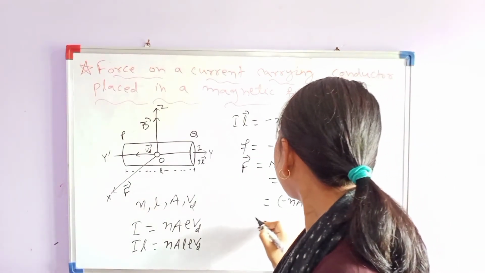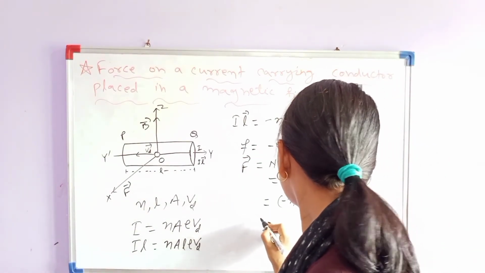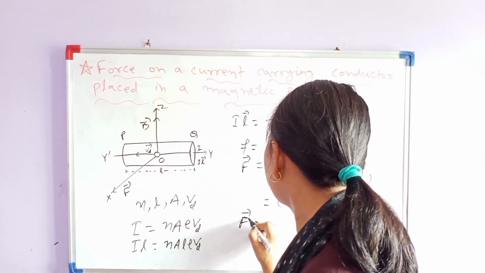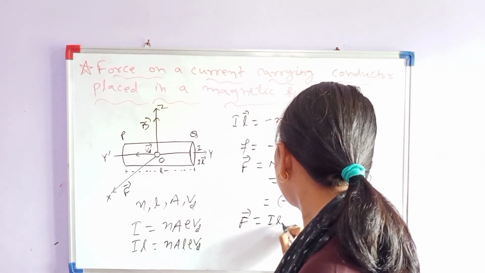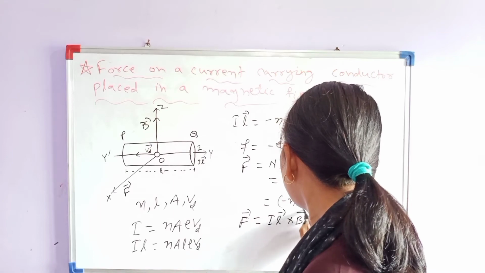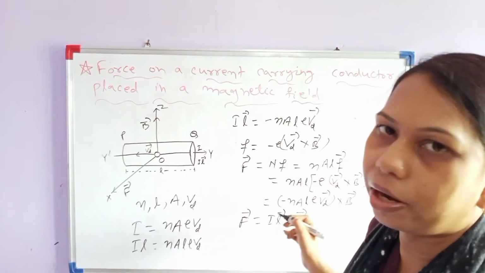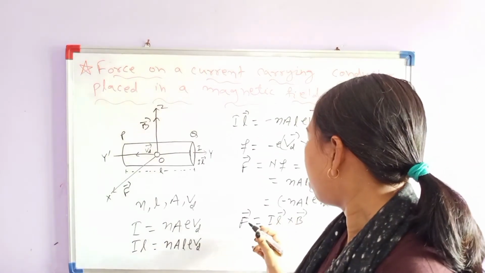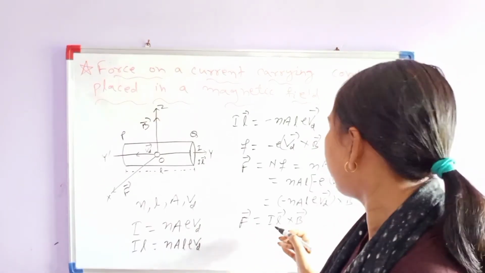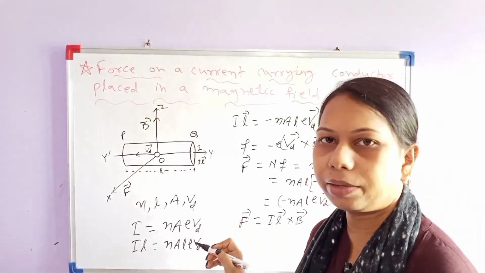So F equals IL cross B. This is the required formula of the force acting on a conductor placed in a magnetic field.